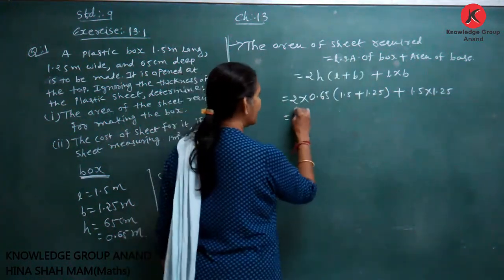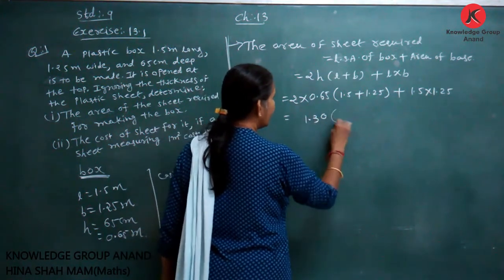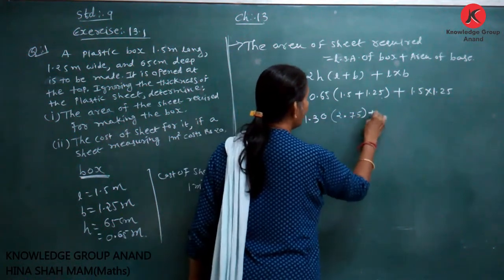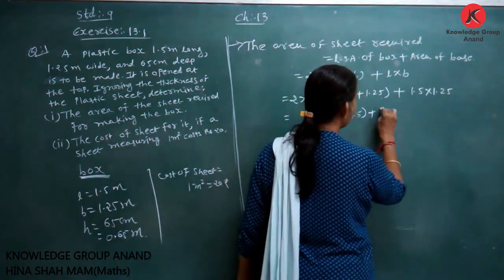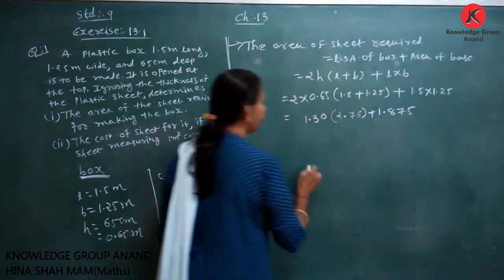Now multiplication of this gives 1.30 into 2.75, plus the multiplication of this number is equal to 1.875.